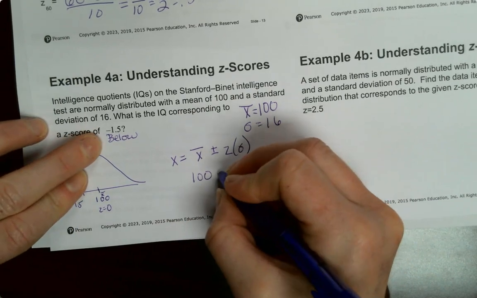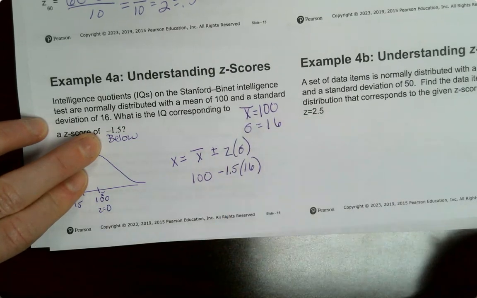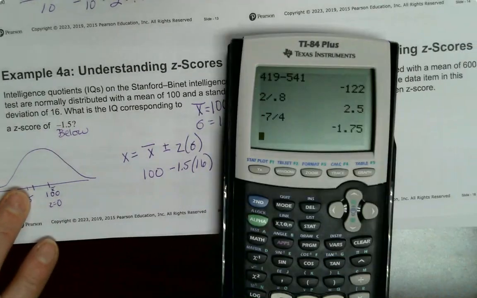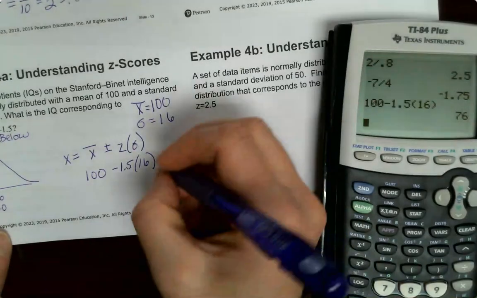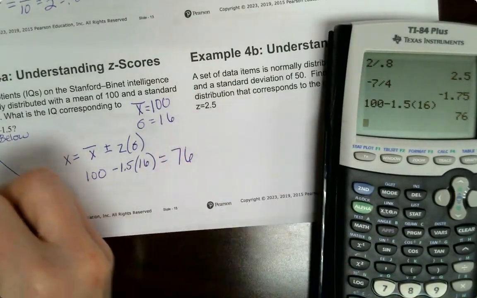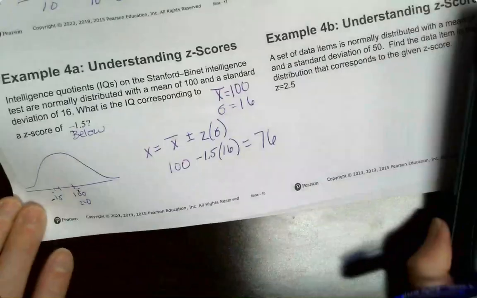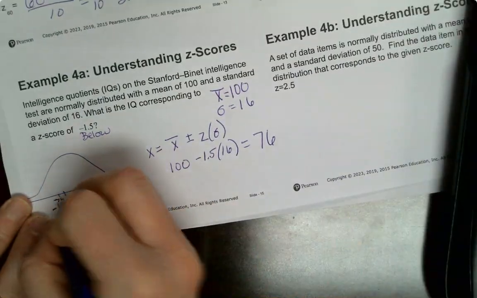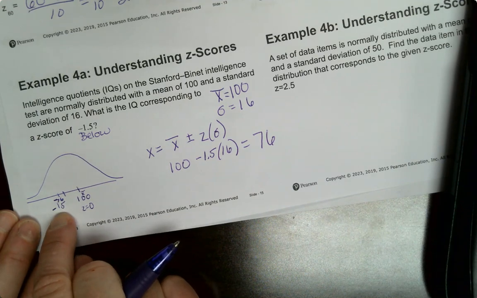Since it's below, it's going to be minus 1.5 times our standard deviation. That's 76. It's below, oh, that's a negative, by the way. So 76 is the value, which is negative 1.5 standard deviations.